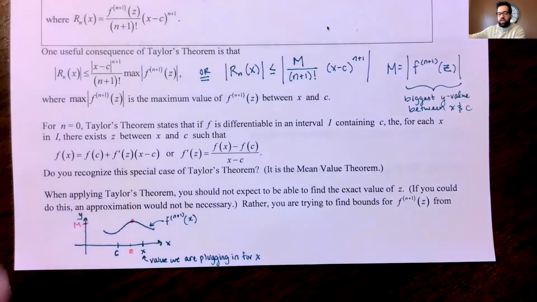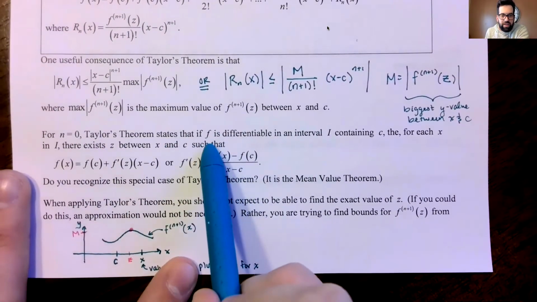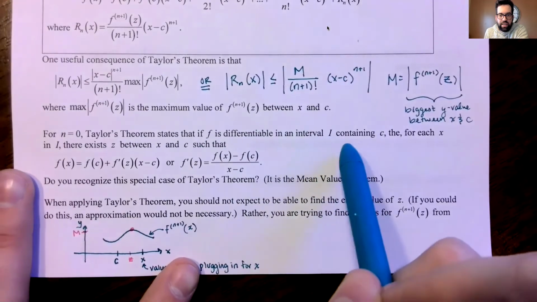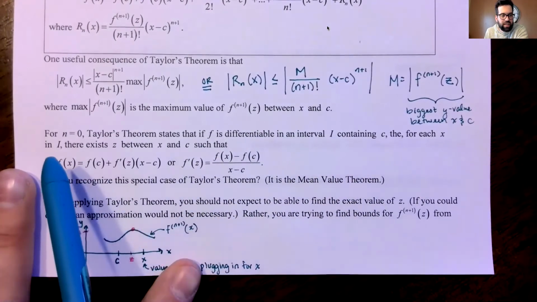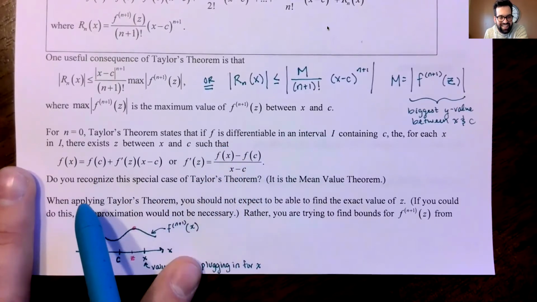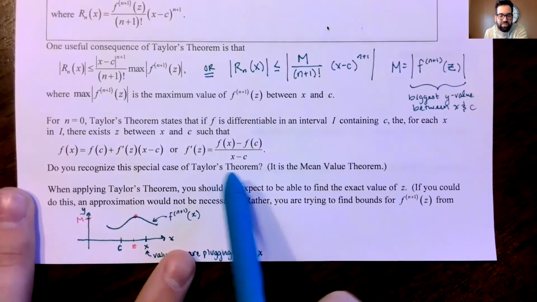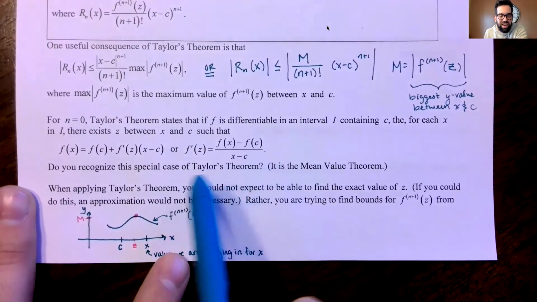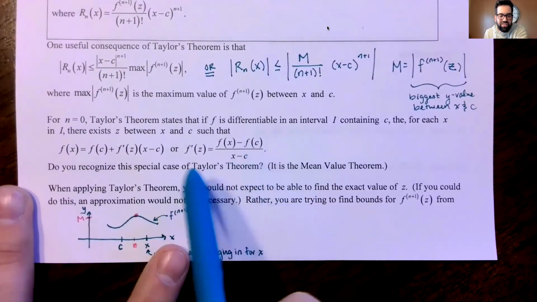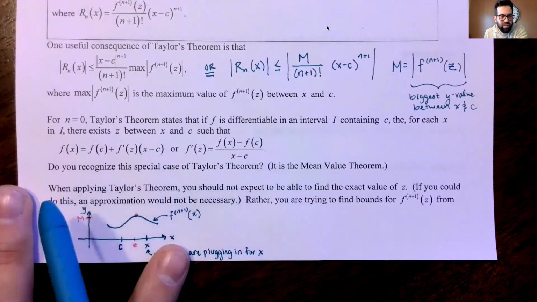So let's just keep reading here. For n equals 0, Taylor's theorem states that if f is differentiable in an interval I containing c, then for each x in I, there exists z between x and c. I know there's a lot of letters going on here, but really, it all comes back to the mean value theorem, which you're not going to have to memorize that this is part of the mean value theorem, but let's just keep going.